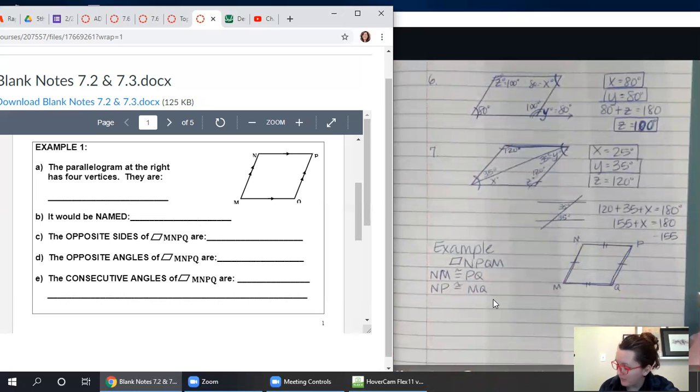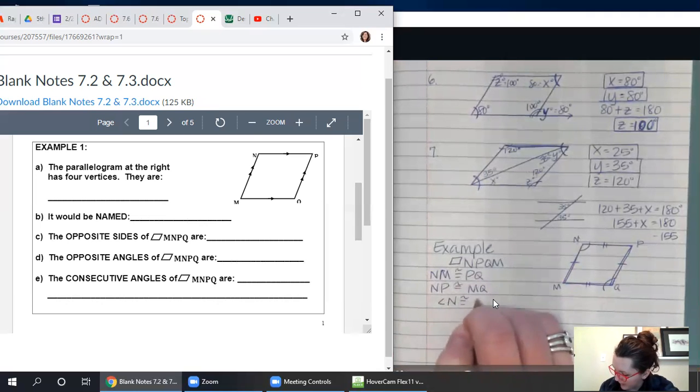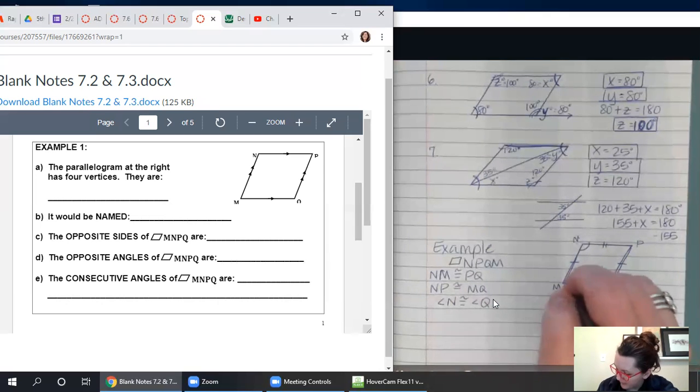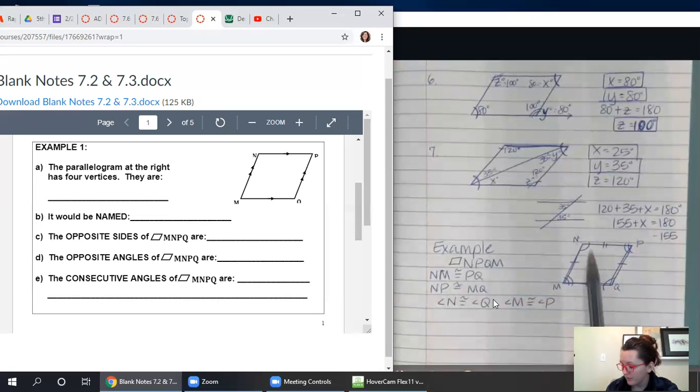Opposite angles of MNPQ, let's see, right here. So opposite angles are congruent. Angle N is congruent to angle Q. Likewise, angle M is congruent to angle P. And consecutive angles, remember, consecutive angles equal 180.